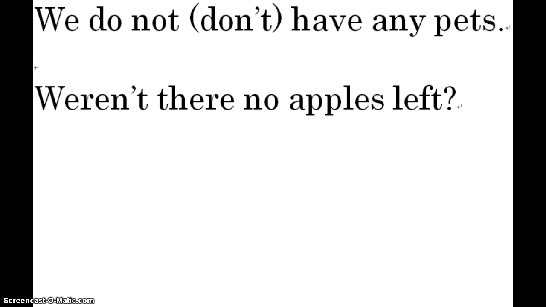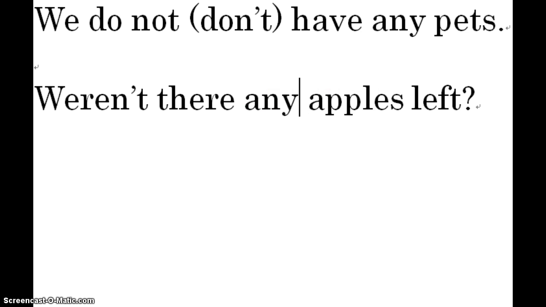If you said no, well, you're correct, because the word not is already used in the sentence. But we're also using the word no as well. So what do we do here? Well, we could just change the word no to any, and we can say, weren't there any apples left?